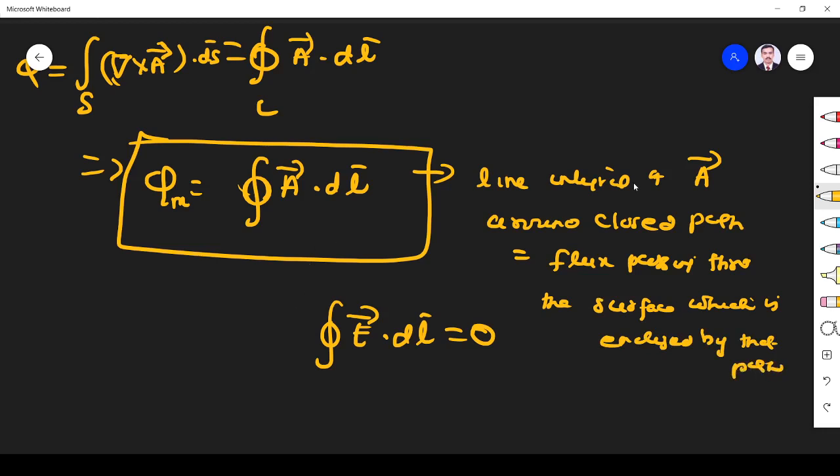This is what this equation is telling. That's all about the vector magnetic potential. Thank you.